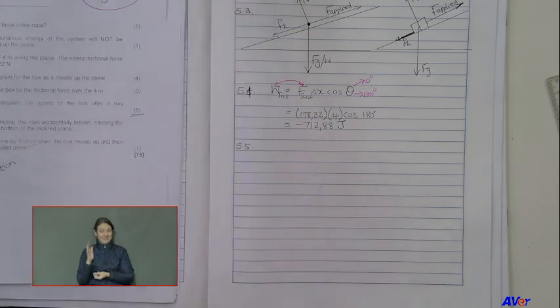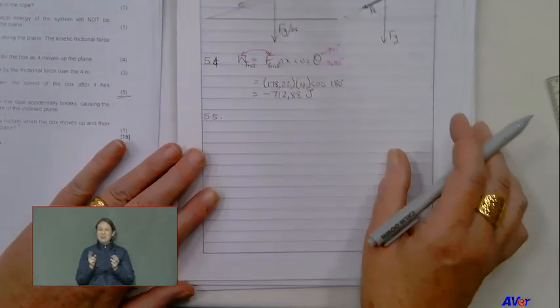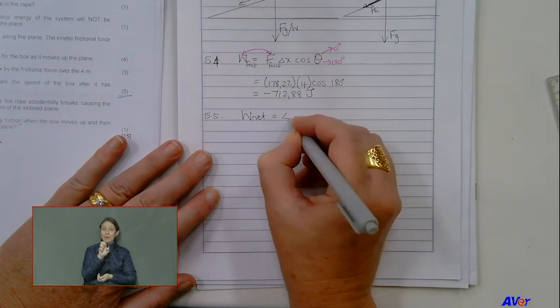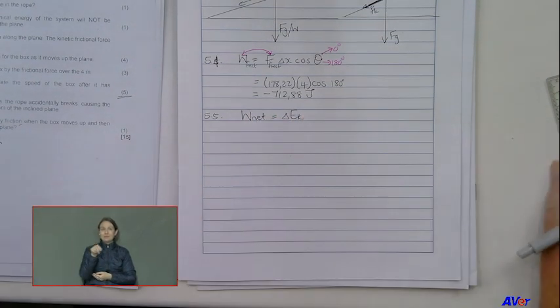Okay, now what I like to do in this instance, I'm going to use W net equals delta EK. I'm not going to use WNC because I don't have the height of the slope. But I can work it out with trigonometry if I really want to, but I don't want to today. So W net is delta EK.